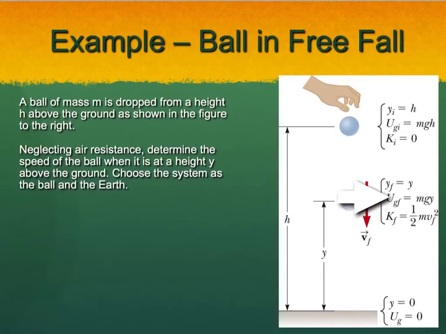I know that the final gravitational potential energy is just mgy. And then I know the final kinetic energy is going to be 1/2 m v final squared, which is ultimately what we're trying to find. So our goal here is to find that v final. Okay, let's talk about what we're going to have to do here for this problem.